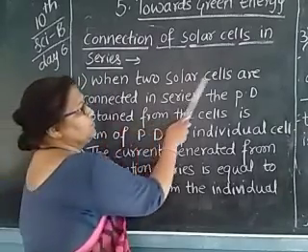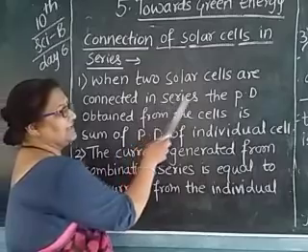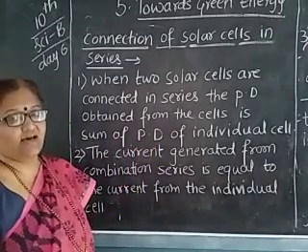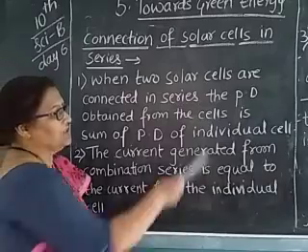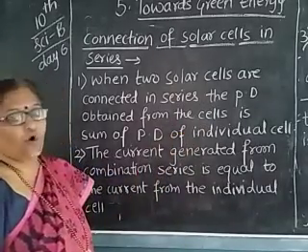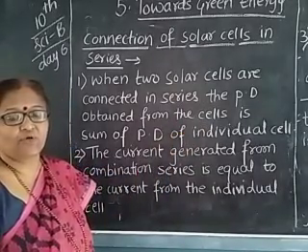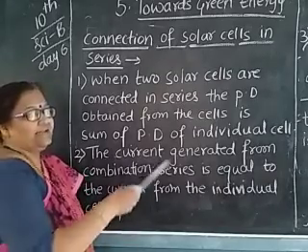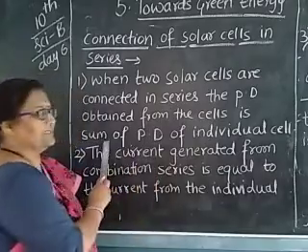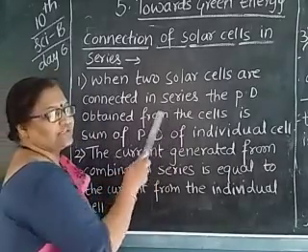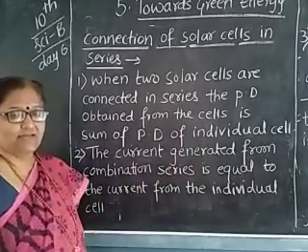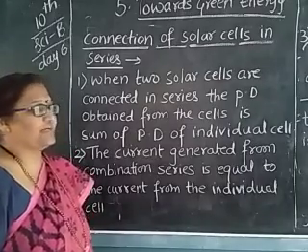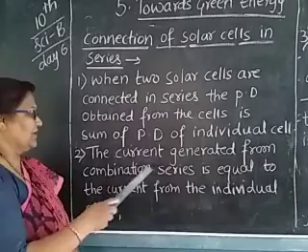When two solar cells are connected in series, the potential difference obtained from the cell is the sum of the potential differences of the individual cells.